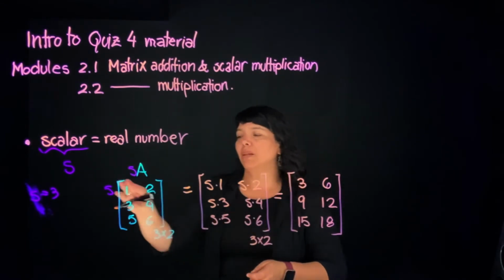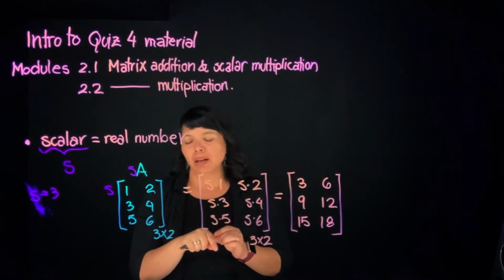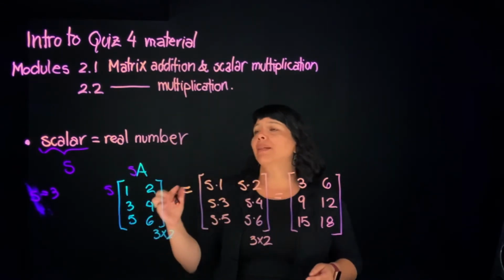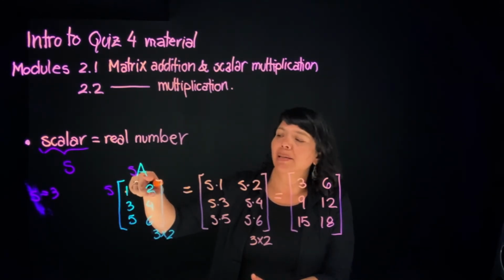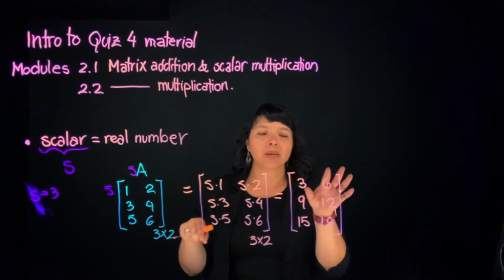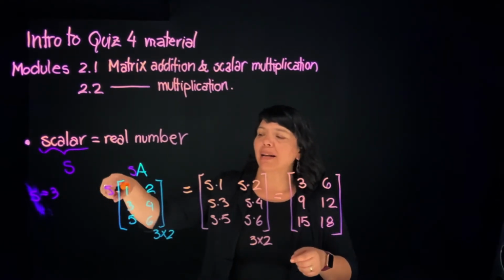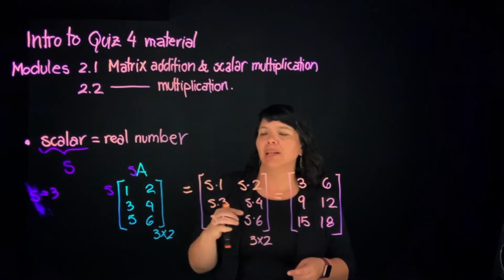So as you can see by the way that scalar multiplication works, it doesn't really require any particular size for A. And it works with your scalar going with each of the entries.